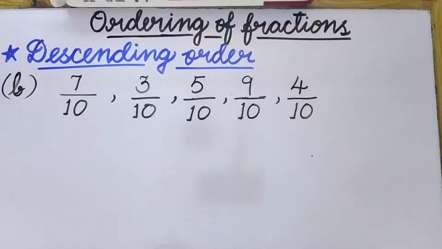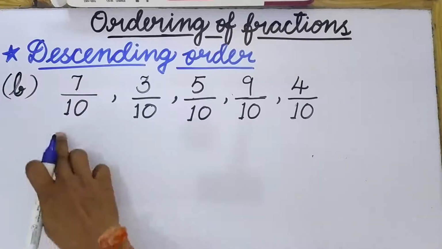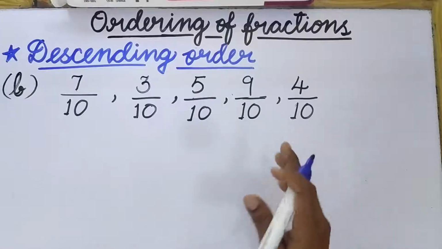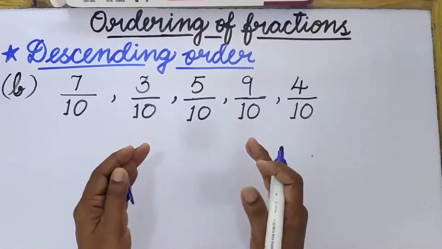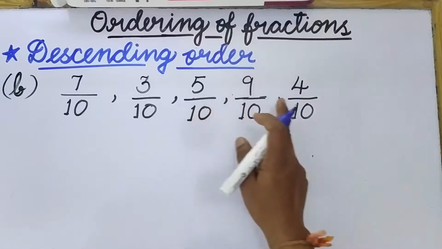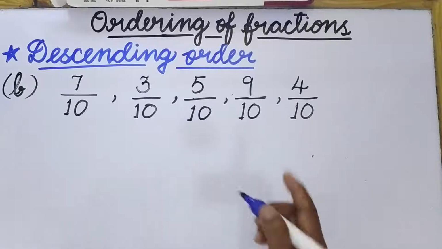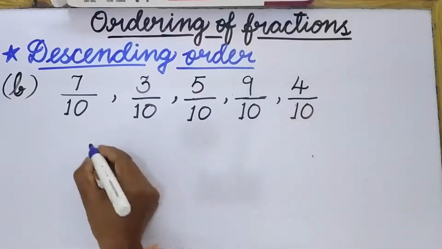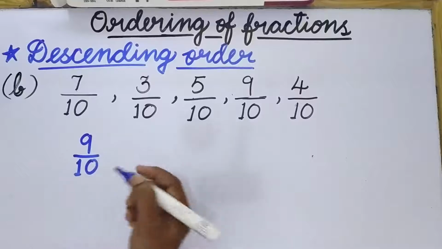One more for you. Let us arrange this given fraction in descending order. As we all know, these are all like fractions. So we need to search here for the greatest fraction by checking the numerator. So which is the greatest fraction? Yes, here 9 by 10 is the greatest fraction. We should start from the greatest fraction.